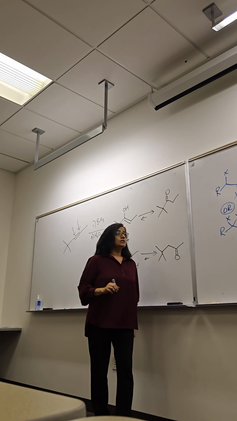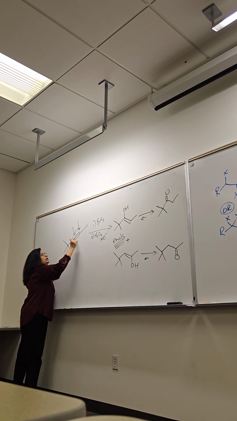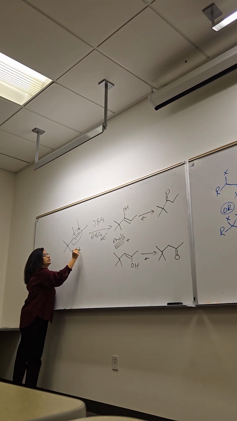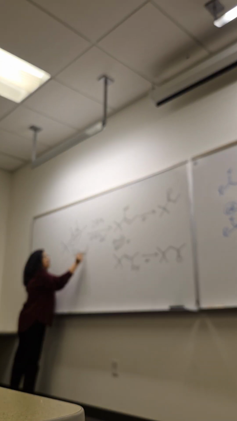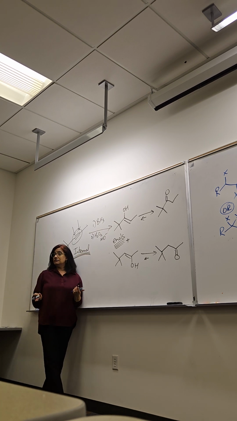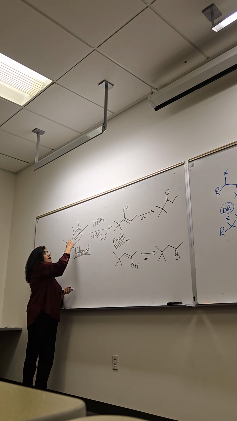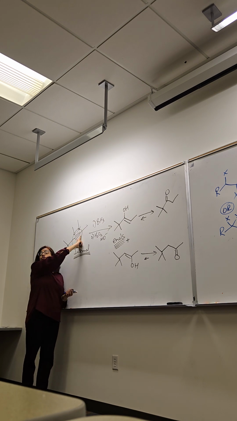So my original question was, can an internal alkyne, does everybody understand what I mean by internal alkyne? Triple bond inside. Can an internal alkyne give us an aldehyde? No. Not possible, because both of those carbons are inside. Neither of those two carbons have hydrogen on them.